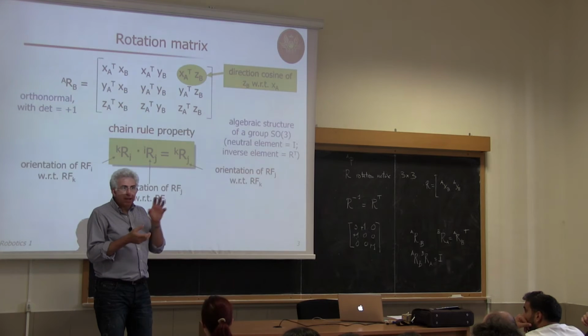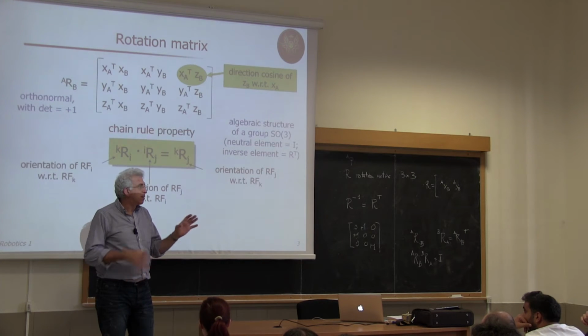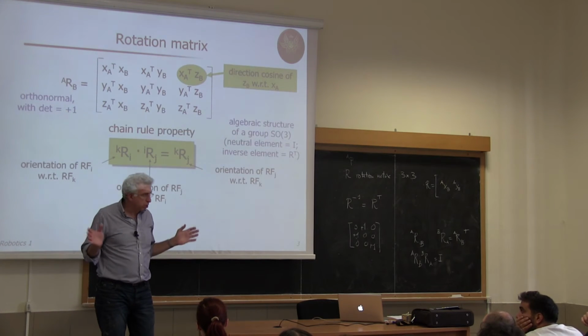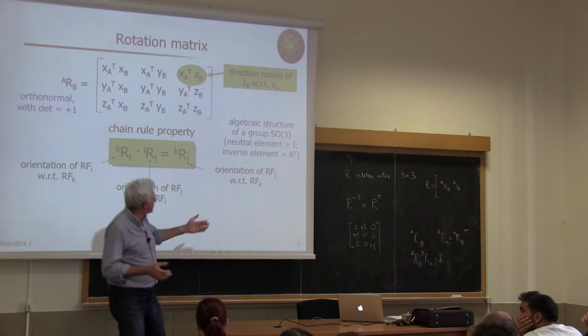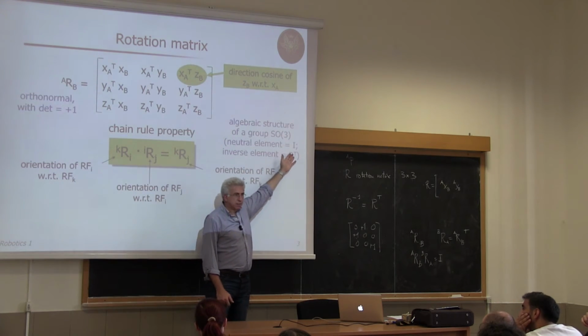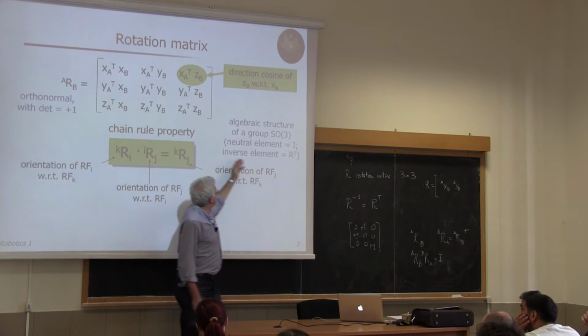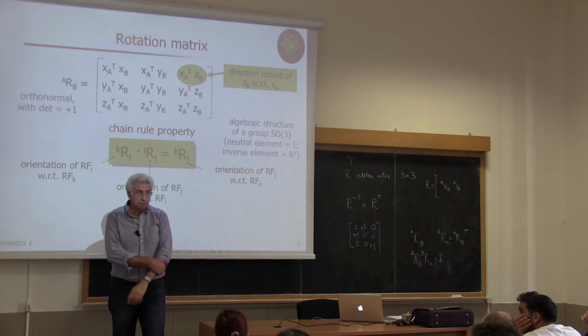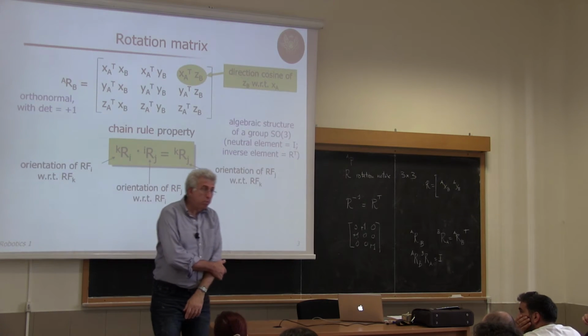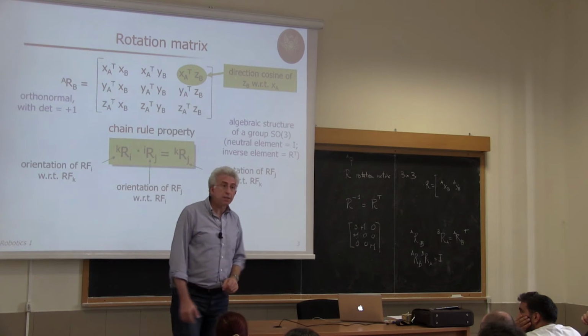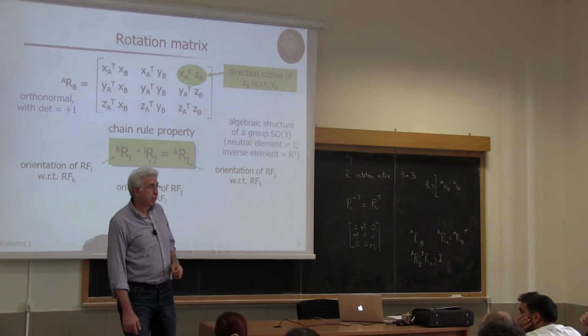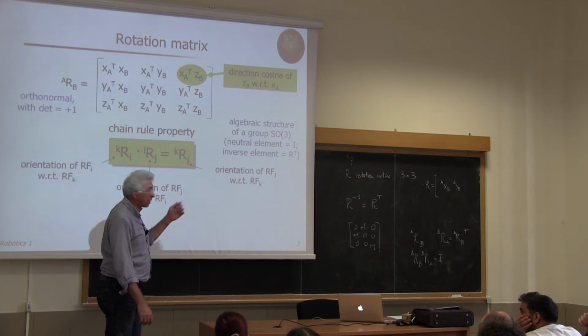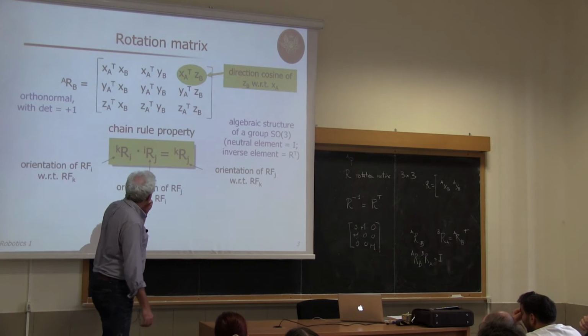So if you multiply a rotation matrix by the neutral element, the rotation matrix should not change. What is this element? It's the identity. Okay? And finally, the inverse element also should exist in a group, and this is given by the transpose of the original element. Okay? Because these are orthonormal matrices.